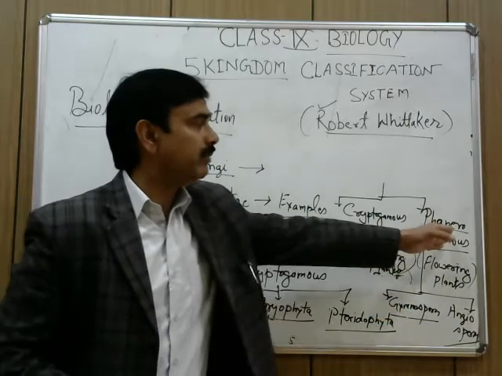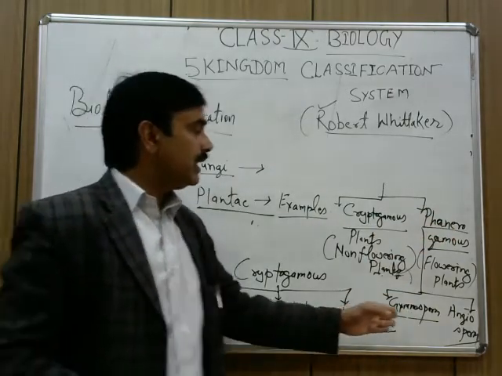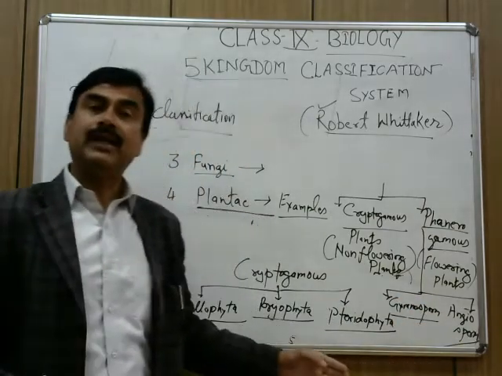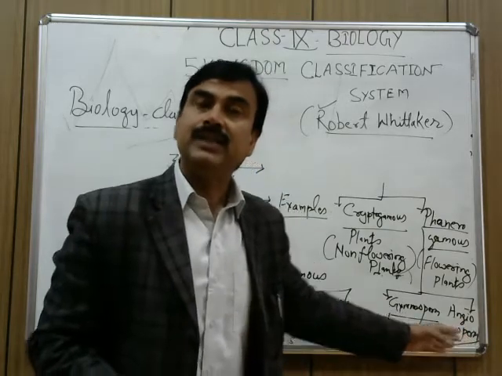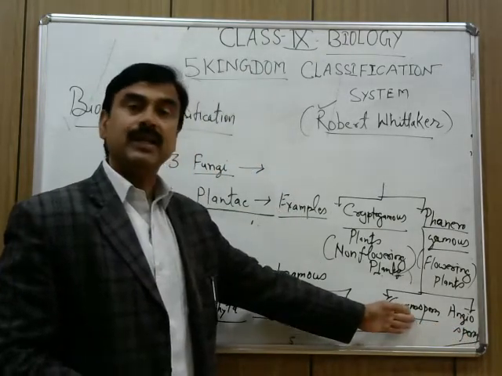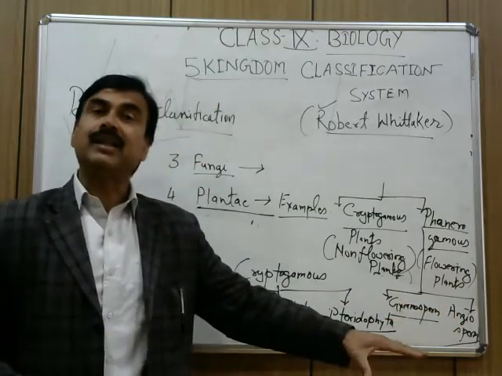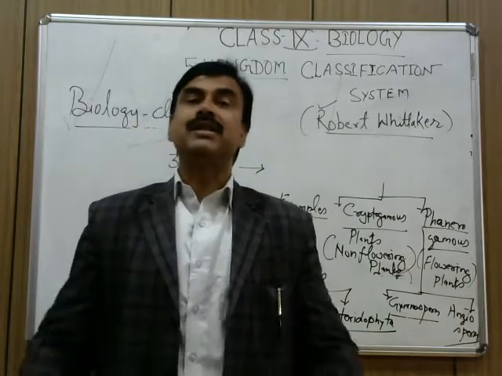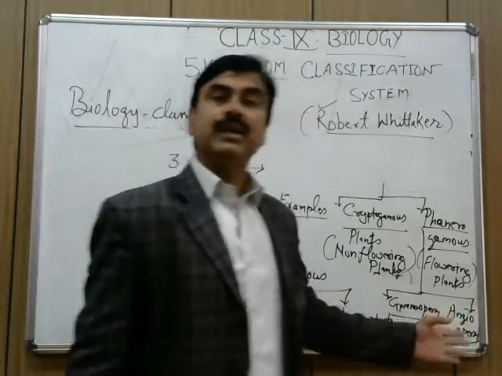They are flowering plants, no doubt. When the seeds are naked, they are kept in the gymnosperm category, and when the seeds are covered, they are kept in the angiosperm category.